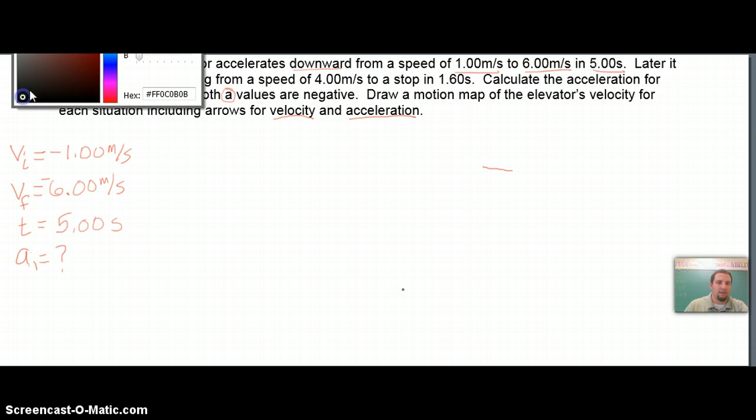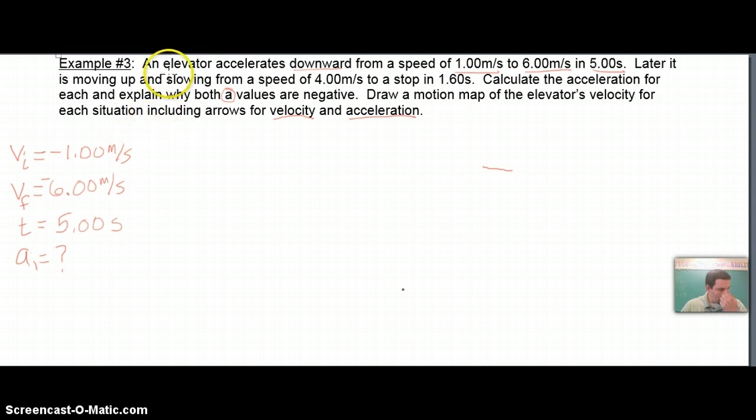Let me change the color of my pen here. So let's get started. At 0 seconds, the velocity of the elevator is negative 1 meter every second. This is at time 0.